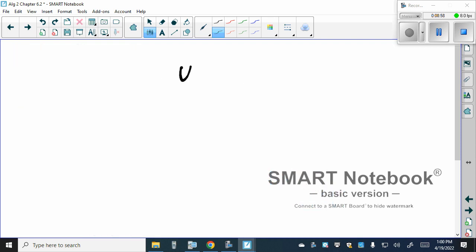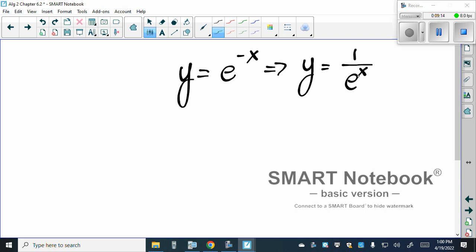The reason this works is that if we said y equals e to the negative x, whenever an exponent's negative, we move it from the numerator to the denominator. So really here we're saying y is equal to 1 over e to the x. Now, 1 over e is less than 1 because it's in the denominator of the fraction.